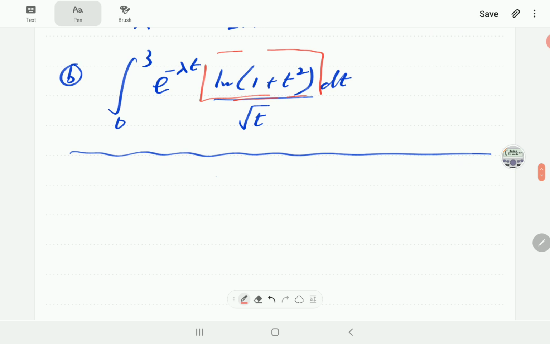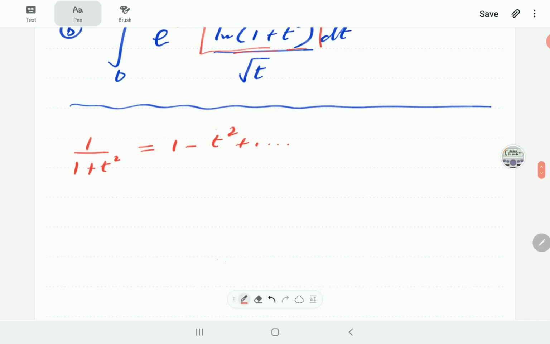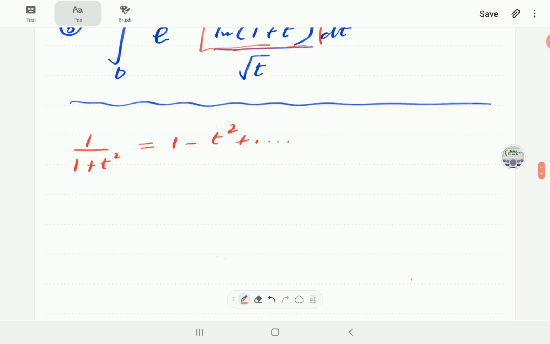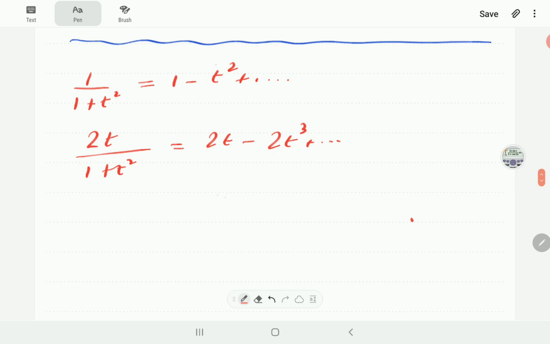The main way of doing this, I'm just going to work this out as follows, from the summation of 1 over 1 plus t squared. So the first two terms of this will be 1 minus t squared. If we multiply this by 2t, then we are going to have 2t minus 2t cubed, and then plus lots of other terms.